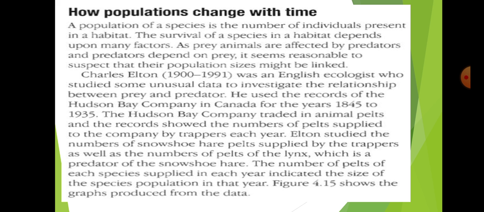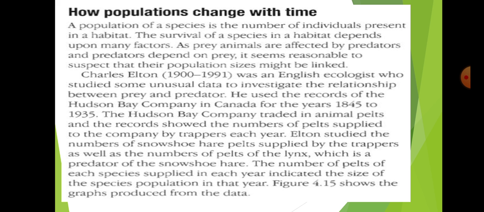Elton studied the numbers of snowshoe hare pelts supplied by the trappers, as well as the number of pelts of the lynx, which is a predator of the snowshoe hare. The number of pelts of each species supplied in each year indicated the size of the species population in that year.